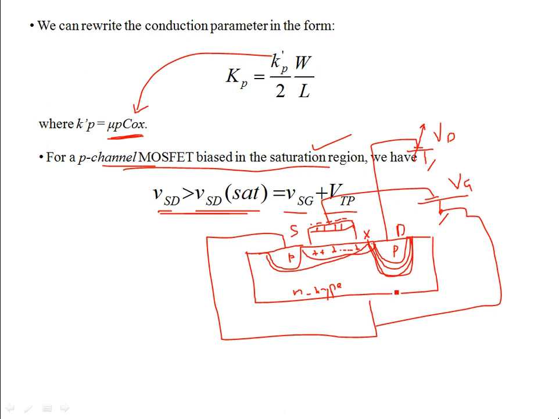Saturation means that you have already pinched off your channel and reduced the majority carriers in the channel at the drain side. The channel is now physically tapered off, like this. So that's saturation: the current is not increasing, and it's not dependent on VSD now. That's all.